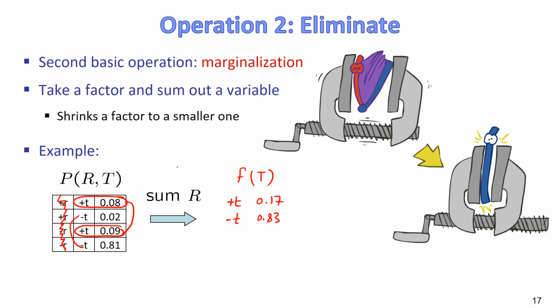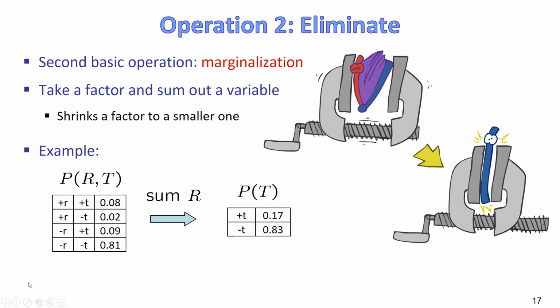We saw that before, of course, earlier in this session. So out of this we'll get P of T, which is like shrinking, right? You see in the figure here, very nice figures from Berkeley, that starting from a big factor, with the marginalization we shrink it into smaller factors by getting rid of one dimension from the table.